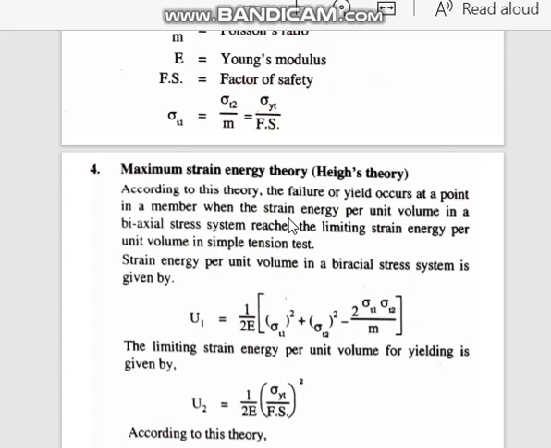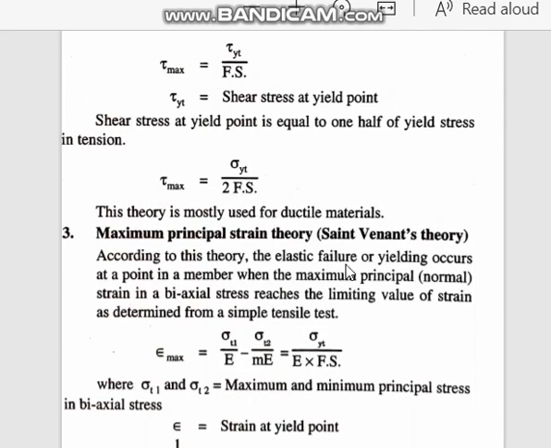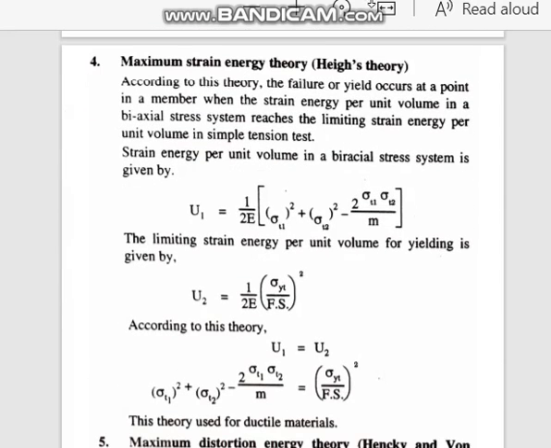You see, in the previous theory also, this is the maximum strain that this material can withstand, and it was determined, and when that maximum strain is reached, failure occurred. Here they are saying that in a simple tension test we have found out for this type of material, by a test specimen, the maximum strain energy that can be stored per unit volume.